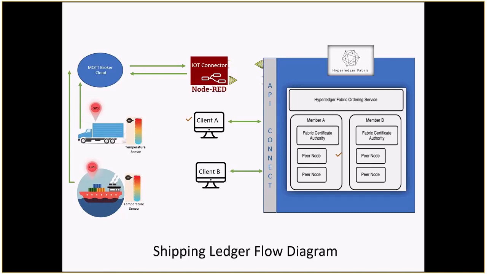The temperature sensors are attached over here, and the GPS is attached over here. The Android app is responsible for sensing the temperature and location information, like latitude and longitude. They are pushing data into the MQTT broker cloud.